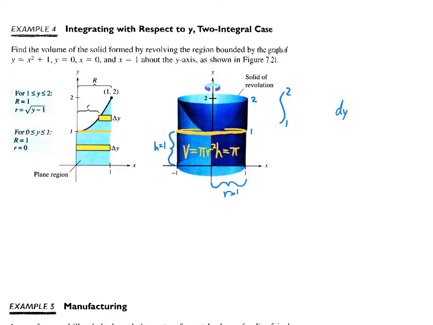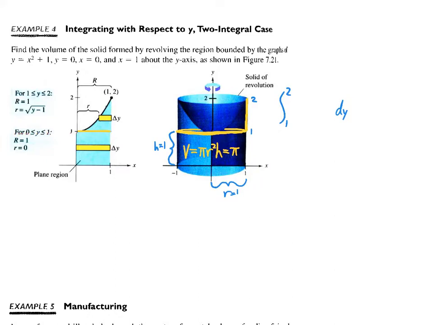What is the outer function, or the further function, in this case? X equals 1. It's this vertical line here. Yeah, that's not a function, but we're just kind of turning our heads a little bit.